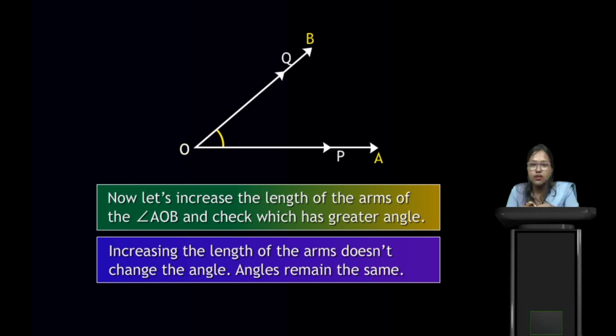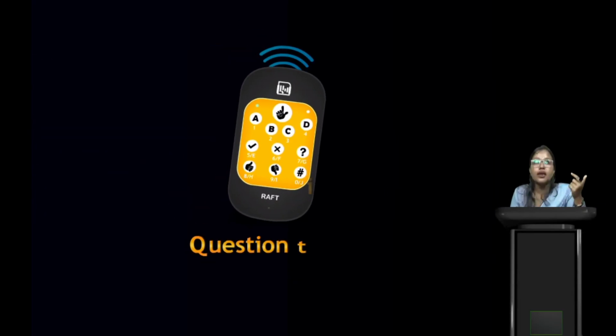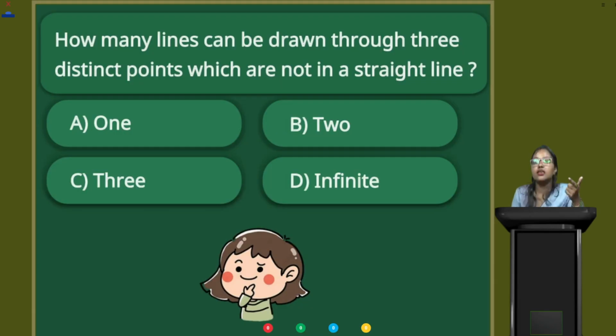Okay, then also both of them merged, right? When you just make the arms large, that time also we can notice that both angles are the same in measure. So, from here, what conclusion are we getting? We can conclude that if you don't change the angle value, and only increase or decrease the arm length, then also the angle will be the same, equal angle, right?